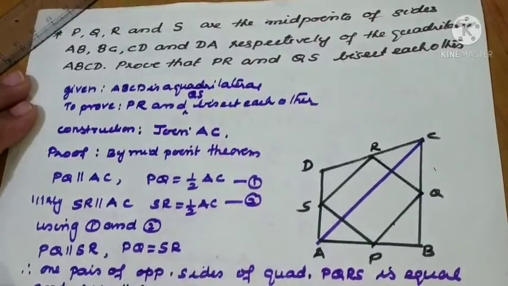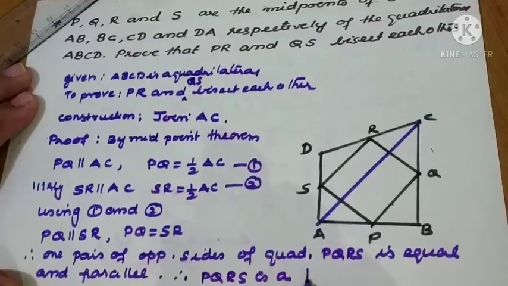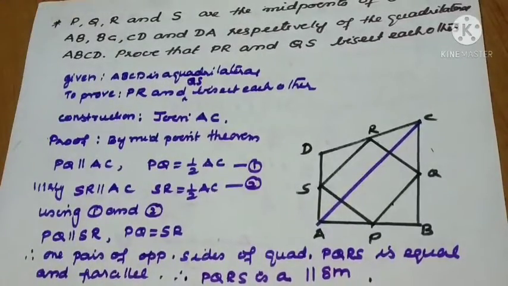Therefore, PQRS is a parallelogram. Now we should prove that PR and SQ bisect each other.